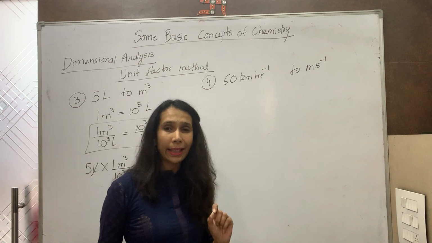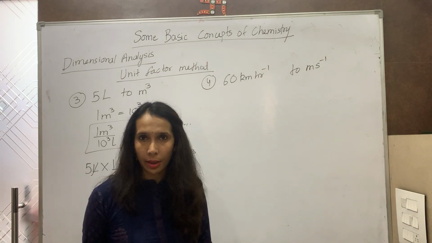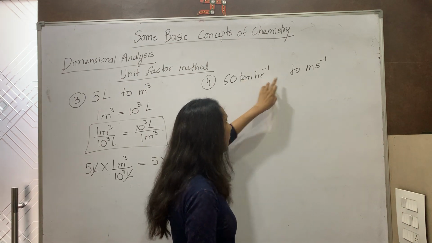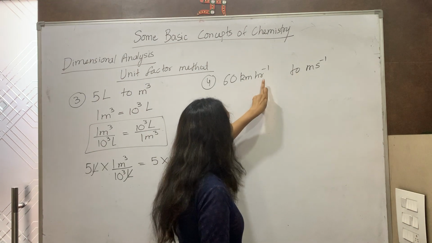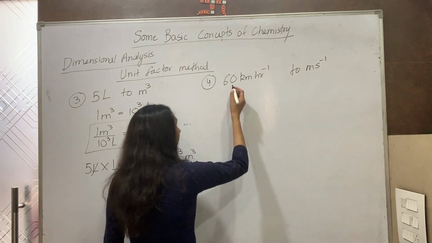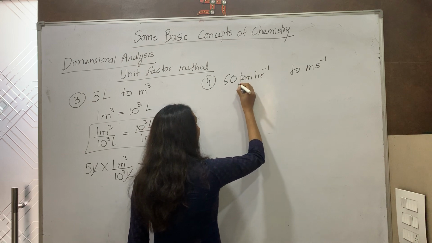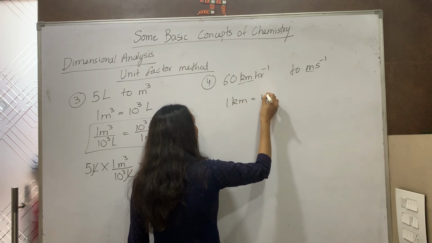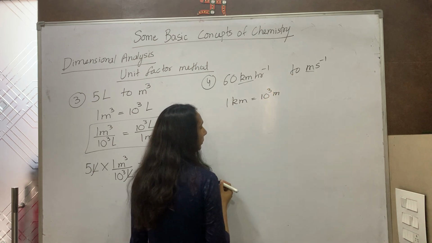I want to know per second how many meter my car covers. So in this, can you see there are two units involved? Kilometer, meter, hour and second. Let us see. What is the relationship first between kilometer and meter? 1 kilometer is equal to 10 to the power 3 meter.